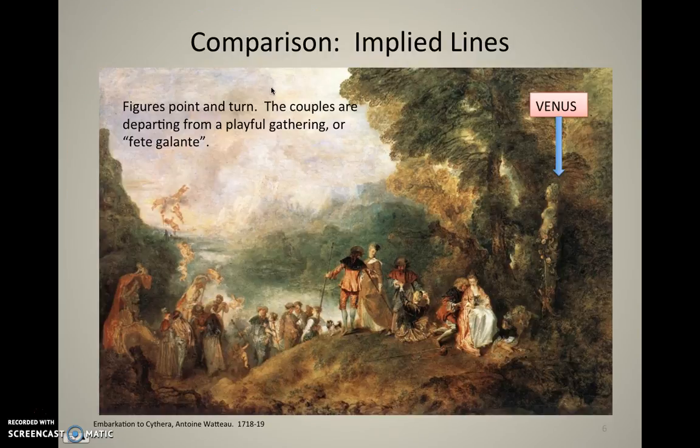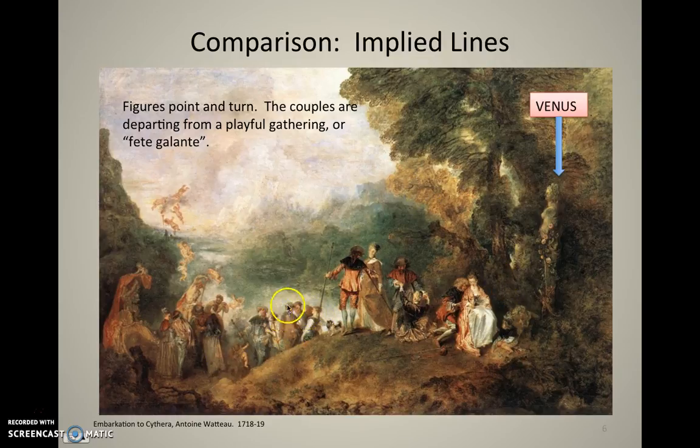This is another one also using implied lines to tell a different kind of story. So you have here Watteau. He was from the Rococo era, and he was telling about French aristocracy in this painting. So they've been off to have this lovely fête galante, a kind of outdoor party, and they're here on this island where they can gather and have fun, and they're getting ready to head back to reality.